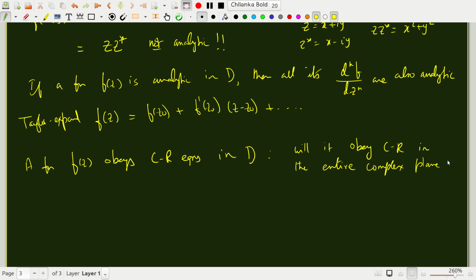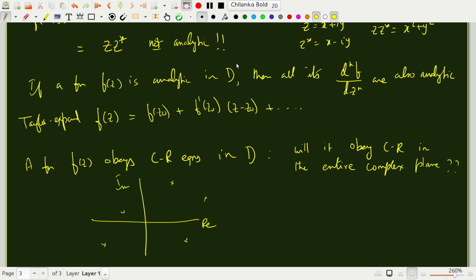That's the question you can ask. Well, it's not easy to answer, because in principle anything can happen outside this domain D, but usually what happens is that there are isolated points in the complex plane where the Cauchy-Riemann conditions will not be satisfied, and elsewhere they will be satisfied.